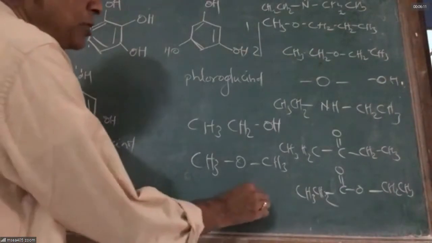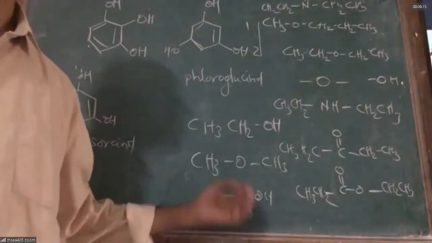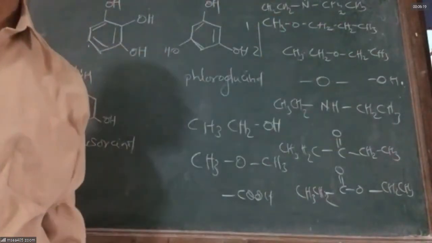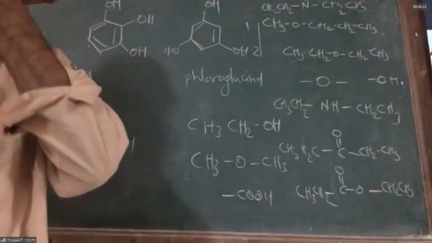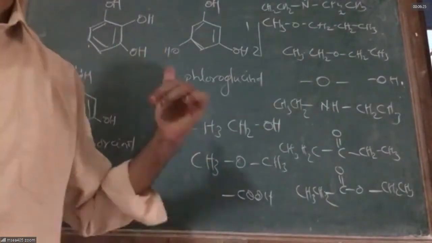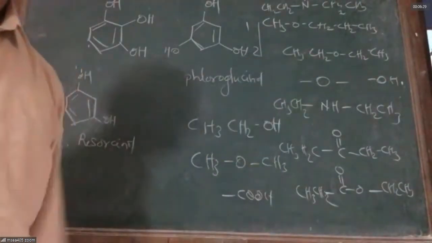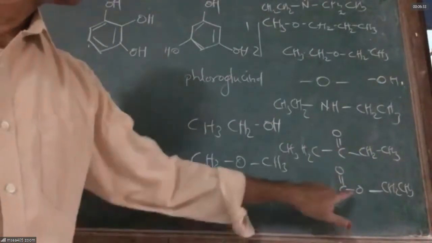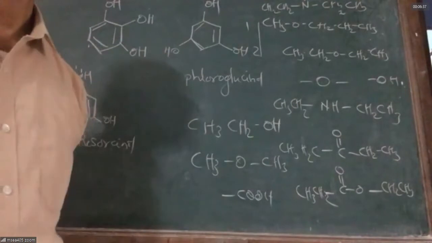It cannot be shown by carboxylic acids because carboxylic acid is a univalent functional group. Anybody who has a univalent functional group cannot show metamerism. Metamerism is shown by compounds which have bivalent functional groups like ethers, secondary amines, ketones, esters, tertiary amines, whatever.